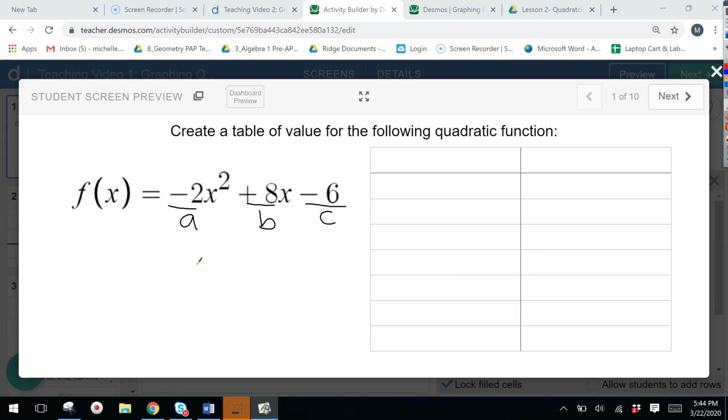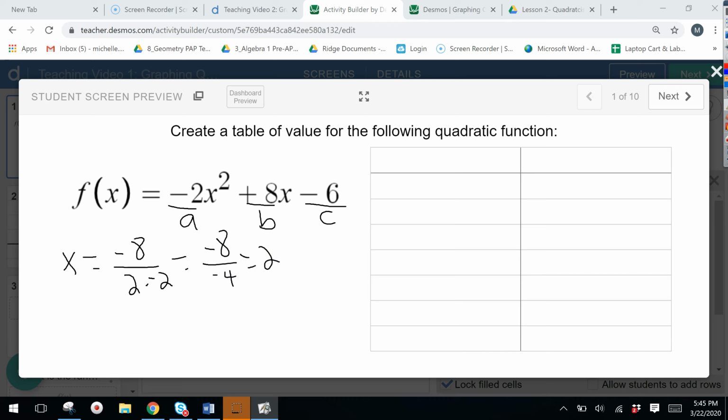If you remember that formula, it's going to be negative b, so the opposite of +8 is -8, over twice -2. So this is going to be -8 divided by -4, which is +2.